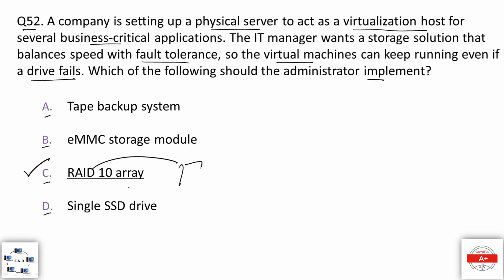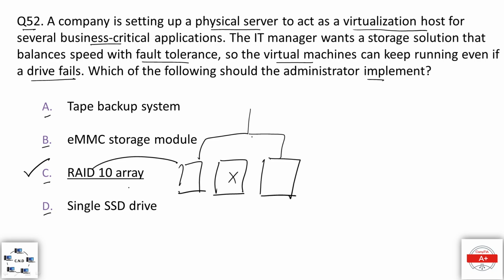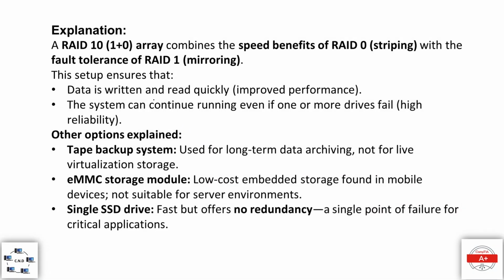We combine multiple disks in different combinations and strategies so that they give us redundancy, so that if one drive fails, the data still resides on the other drive, as well as speed, because data can be written and read from multiple drives simultaneously. So let's go to the explanation.